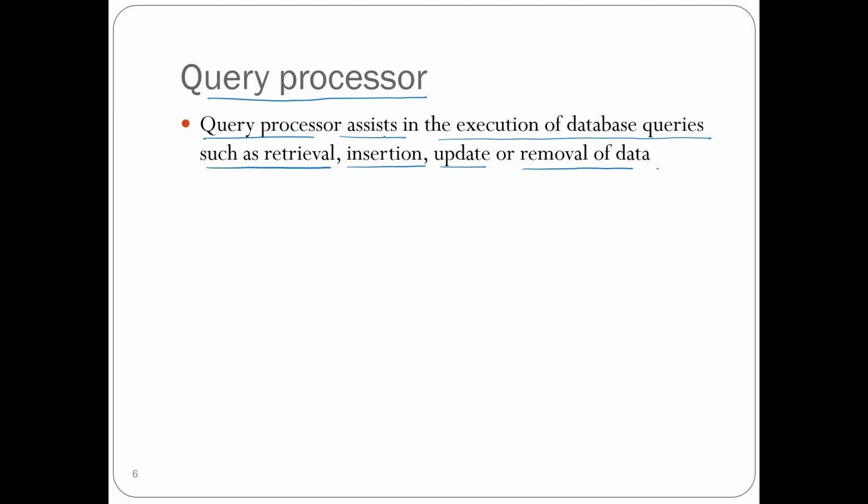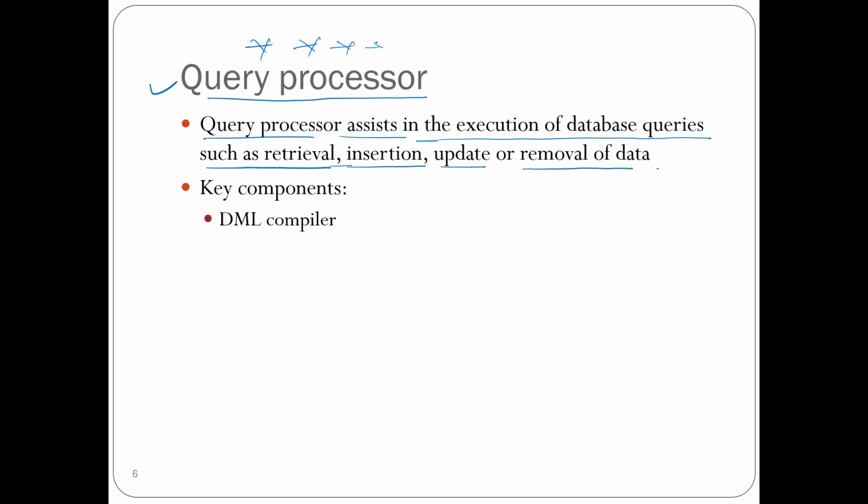It assists in the execution of database queries for retrieval, insertion, update, or removal of data. Interestingly, the query processor, which is a very important component in the DBMS itself, comes in further smaller components. So let's look at the key components of the query processor.